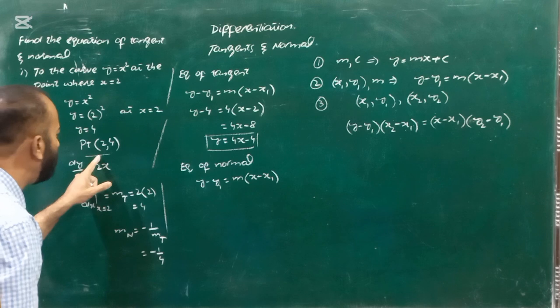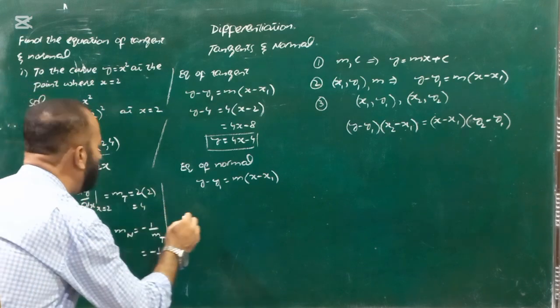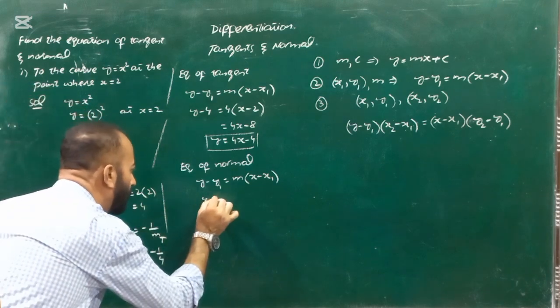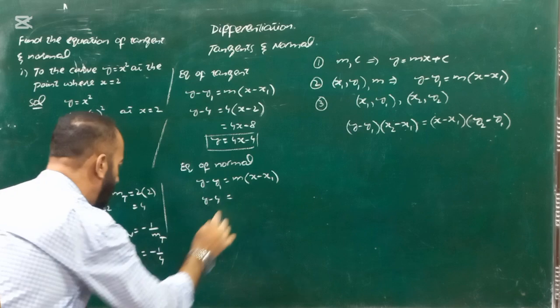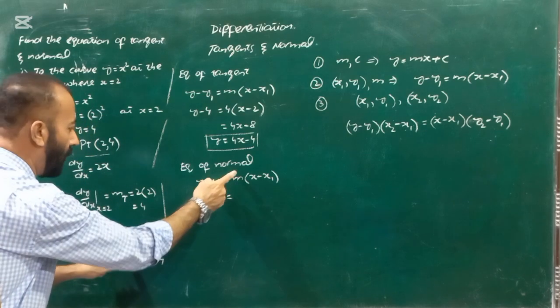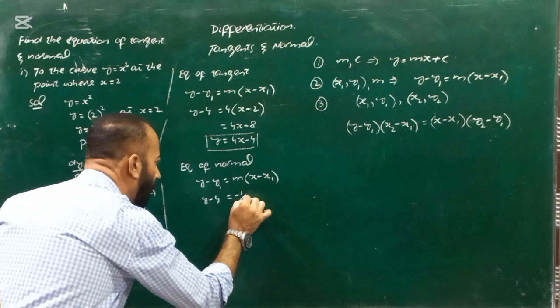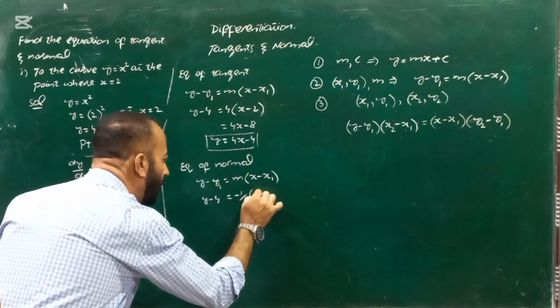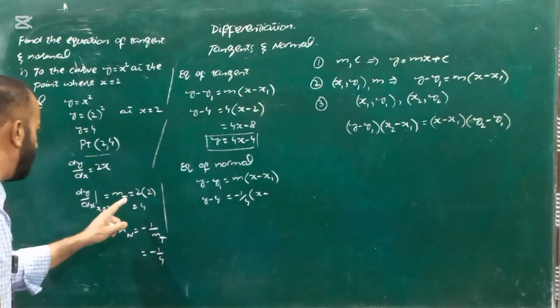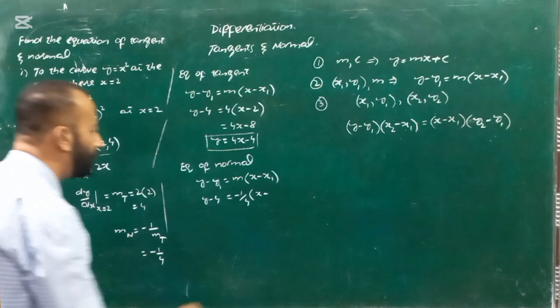So we are going to put the values. So y minus y1 will be y minus 4 is equal to m. So the gradient of the normal is minus 1 by 4, into x minus x1, which is 2.